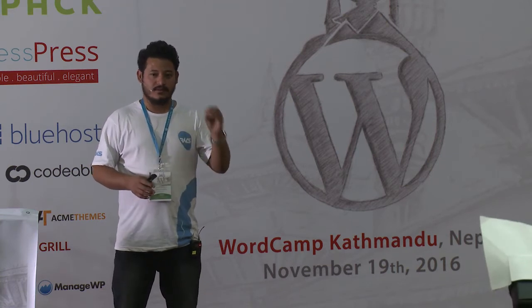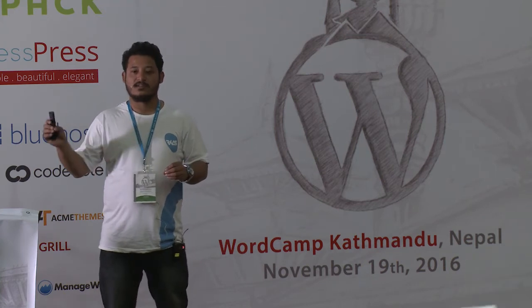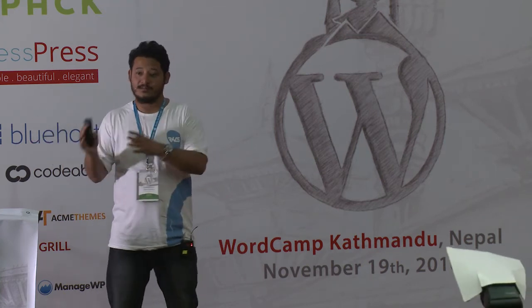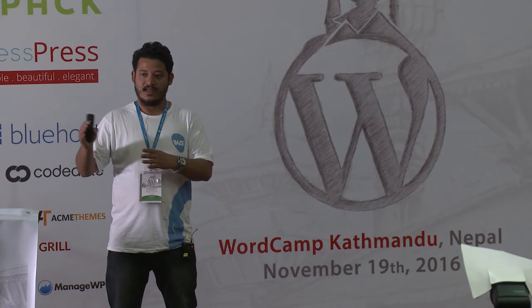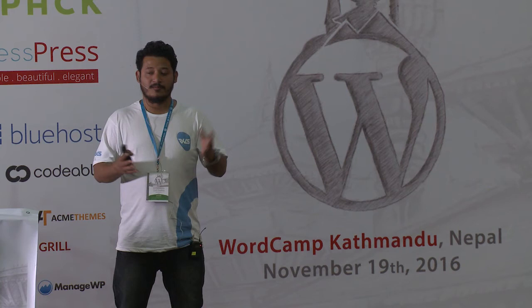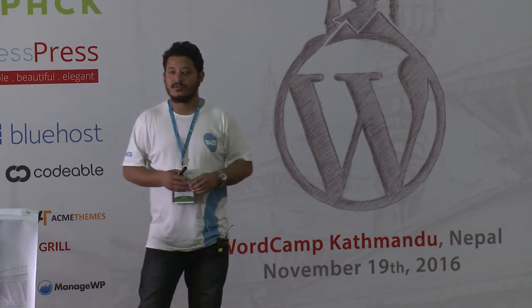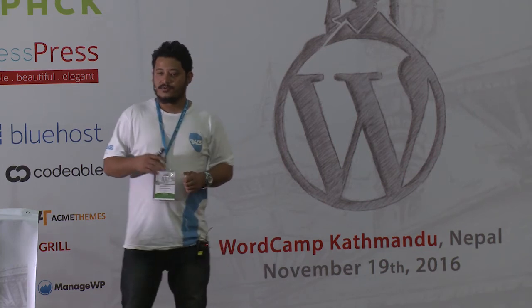A user will be registered for the network, but when he requires access to a single site, he will have to register separately, or he will need to be added separately by the super admin to that site. So you will have to consider how you are going to manage users. There are multiple plugins available. You can Google them or find them on the WordPress directory and other resources.